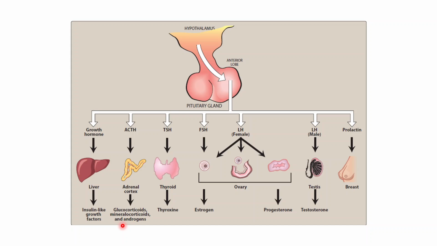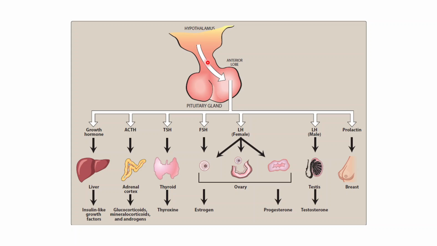There is also a growth hormone, or somatotropin. The growth hormone is released by the anterior pituitary, and its release is increased by the growth hormone releasing hormone.